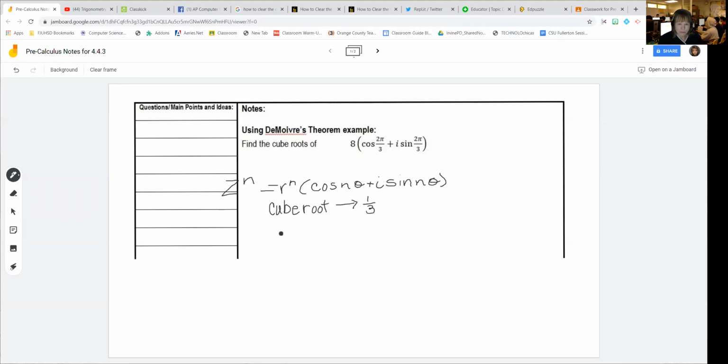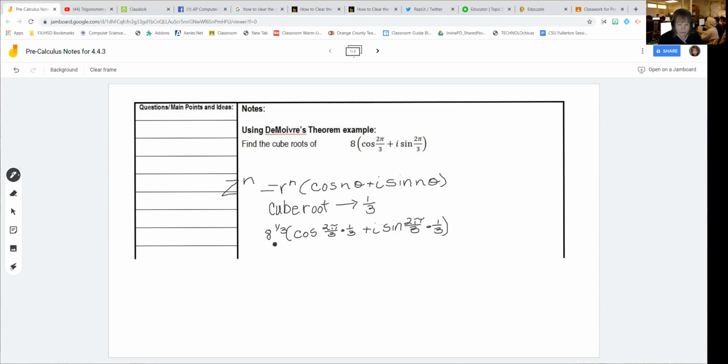So that means that what I'm really finding here is 8 to the 1/3 power times cosine 2 pi over 3 times 1/3 plus i sine 2 pi over 3 times 1/3.